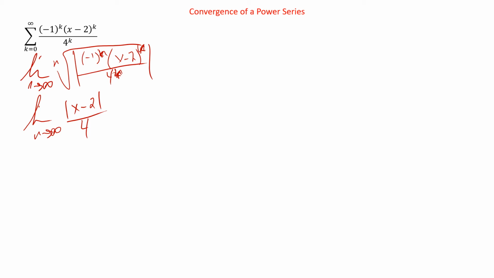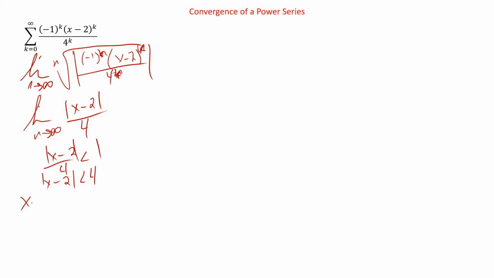Well, all of the n's went away, so that's just going to be x minus 2 over 4, and this x minus 2 over 4 is going to have to be less than 1 in order for it to converge. We can multiply the 4 over to get absolute value of x minus 2 is less than 4, which absolute values you can split up.